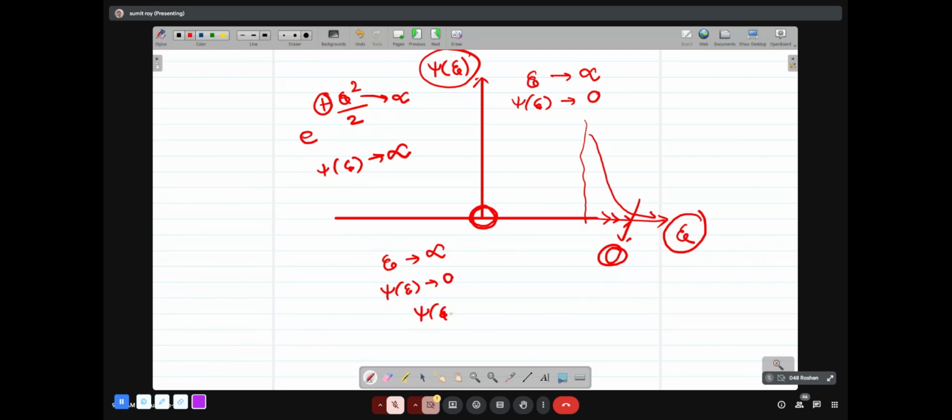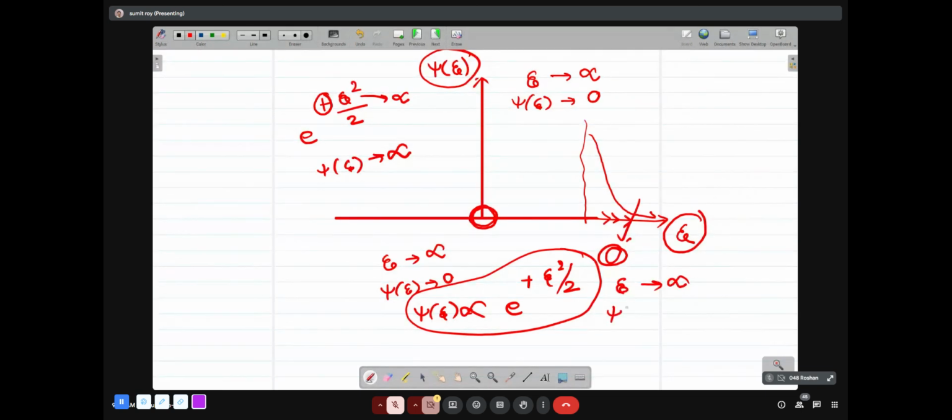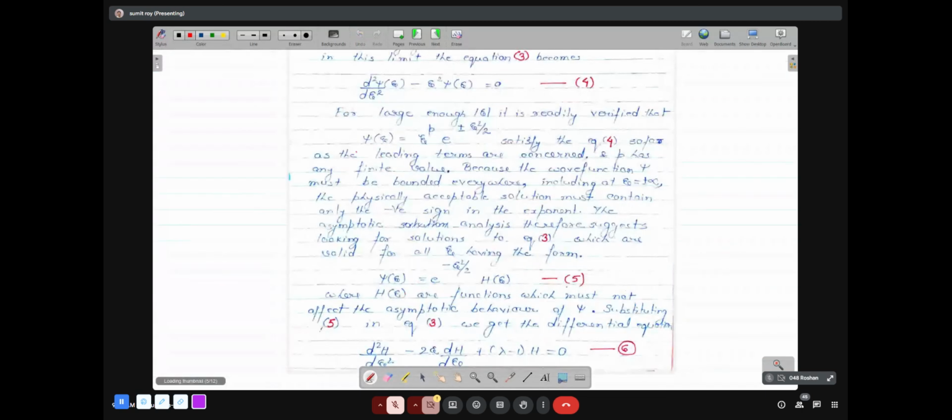Psi of zeta is proportional to exponential plus zeta square by 2. If you have a format like this, then when zeta tends to infinity, psi of zeta will also tend to infinity, which is not allowed. But if you take the exponential negative, then you have a valid wave function, as when zeta tends to infinity, the wave function tends to 0. Is it now okay?